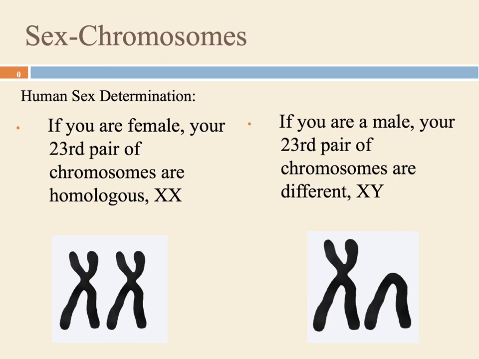But what's an example of something that is sex-linked? Colorblindness is an example of a trait that we find on the X chromosome. It is a recessive trait. So individuals that are colorblind either have two versions of that gene if they are female, and males only need one version of that gene to be colorblind because they only have one X chromosome.